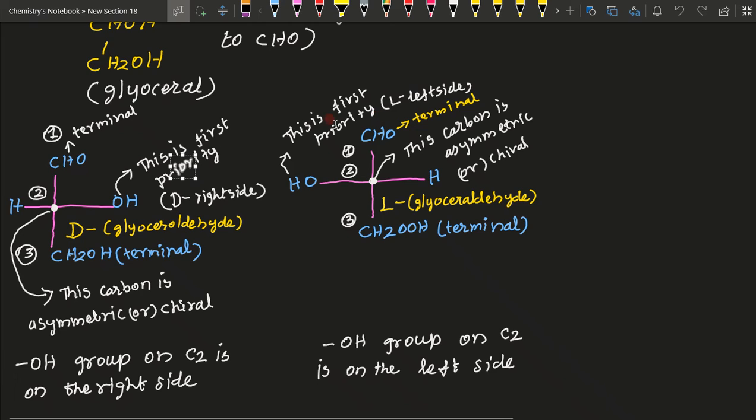This CH2 is terminal. This carbon is asymmetric or chiral.